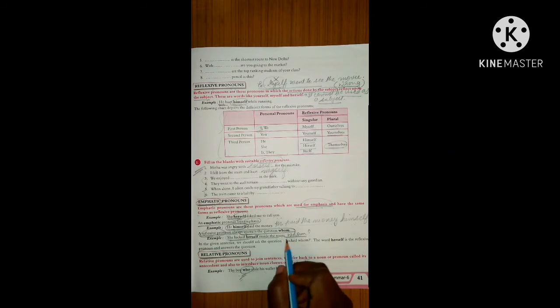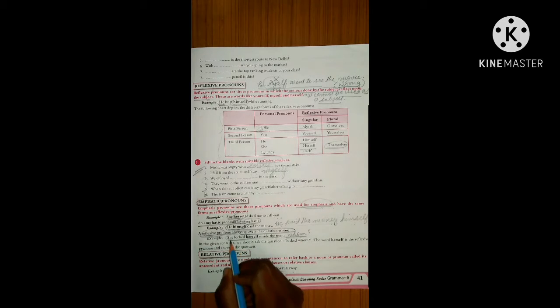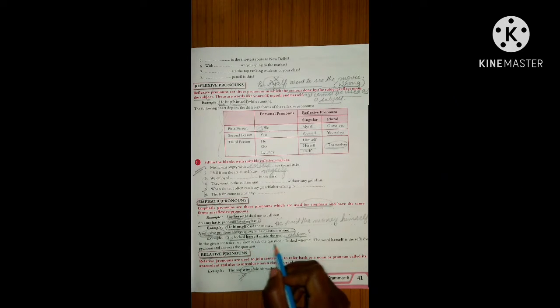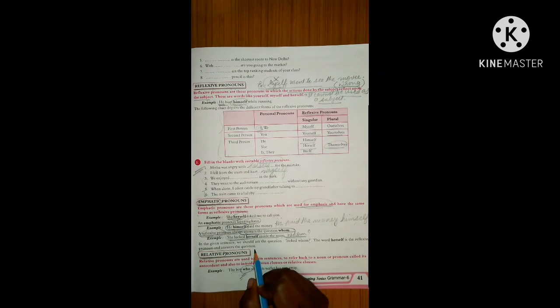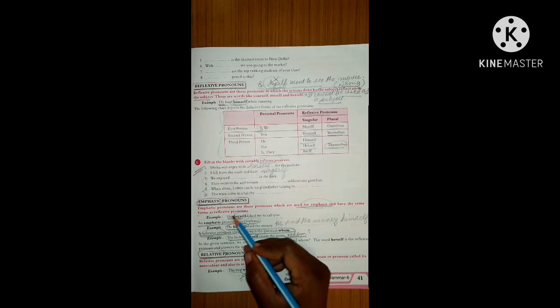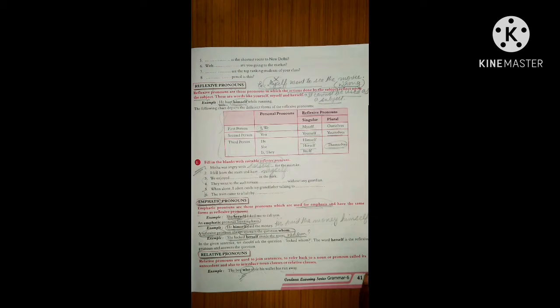Okay, it is answering the question whom. So in the given sentence, we should ask the question locked whom. Clear? The word herself is a reflexive pronoun and answers the question. So this is the difference between reflexive and emphatic pronouns. Clear, children? Hope you have understood.